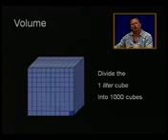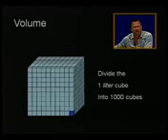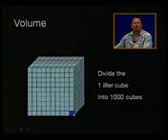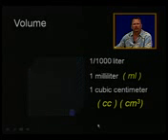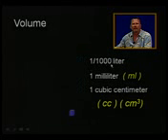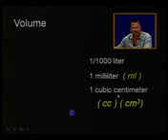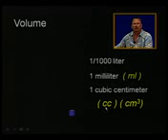And divide the cube into 1,000 cubes. And we will see that we have 1/1,000th of a liter, which is the same thing as 1 milliliter, which is the same thing as 1 cubic centimeter. And a cubic centimeter is either abbreviated cc or cm to the 3rd power.